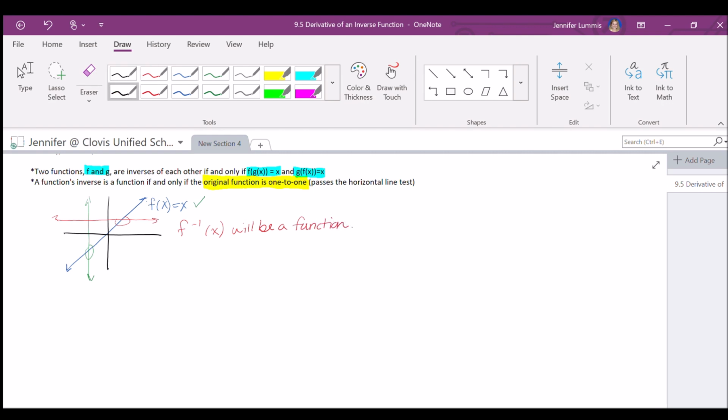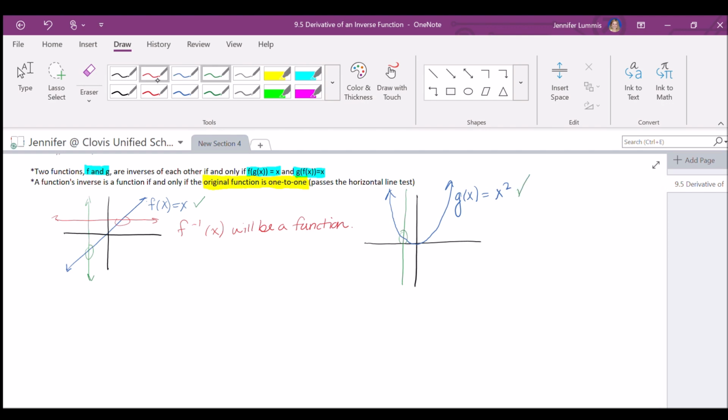For another example, let's talk about y equals x squared. We'll call this g of x. So g of x passes the vertical line test. For every vertical line we draw, we only pass through the function one time, and it is a function.